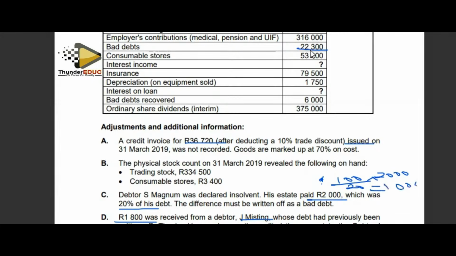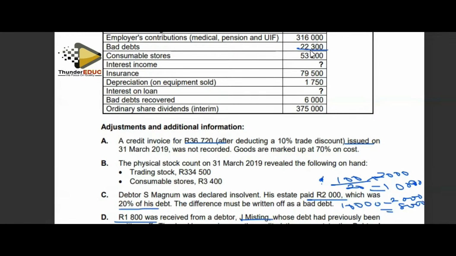So this 10,000, remember it was the full debt, but the estate only paid 2,000 of the 10,000. So how much is the bad debt? We're going to get the 10,000, minus the 2,000 which was paid. So the 8,000 is a bad debt. So we come back here.